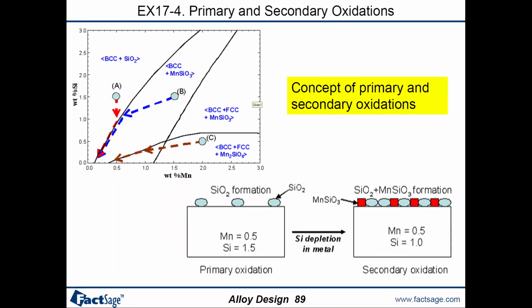And also, by drawing this kind of oxidation diagram, we can predict what type of primary oxide phases will form at the surface, what the secondary oxide phase formation will be, and how the surface concentration will change along with the oxide formation.